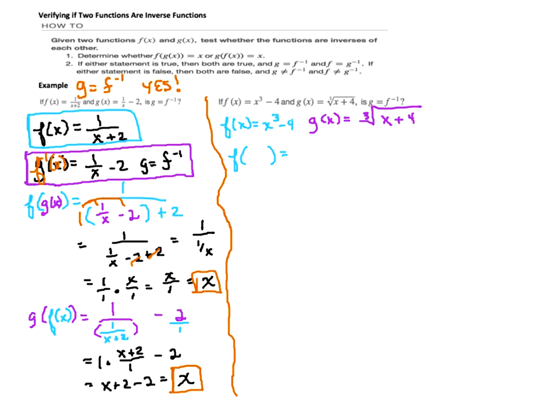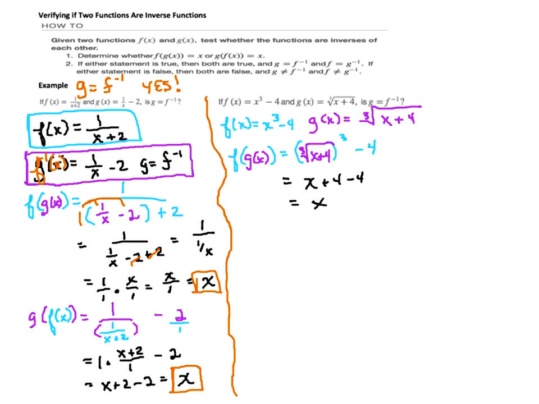F of g of x equals something cubed minus 4, and that something is g of x, which is the cube root of x plus 4. Well, anytime you cube a cube root, you're left with just that thing. So this is x plus 4 minus 4, which leaves me with just x.